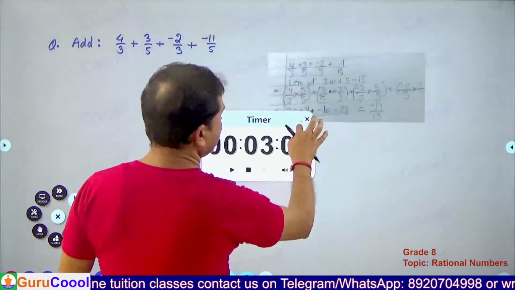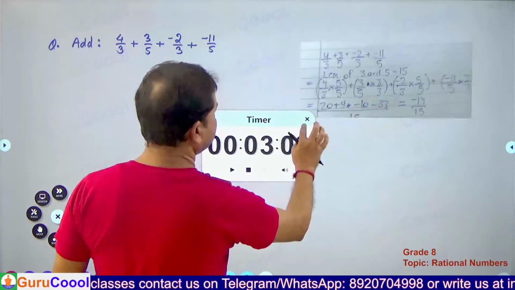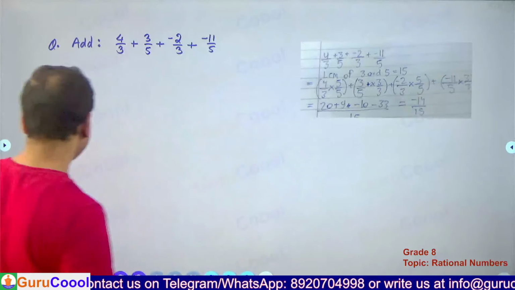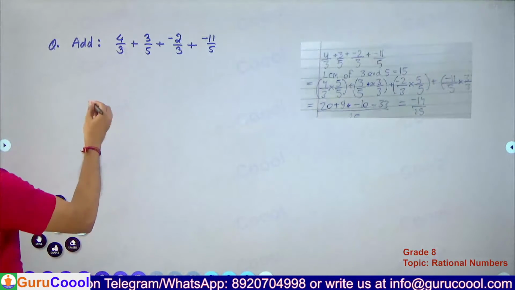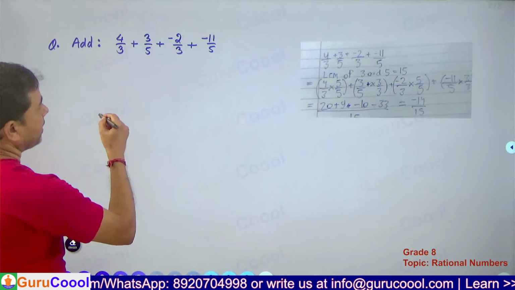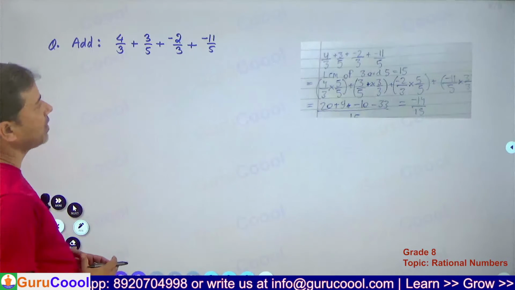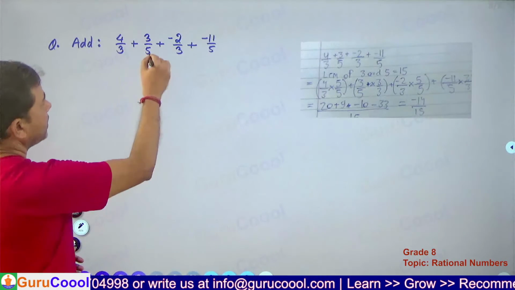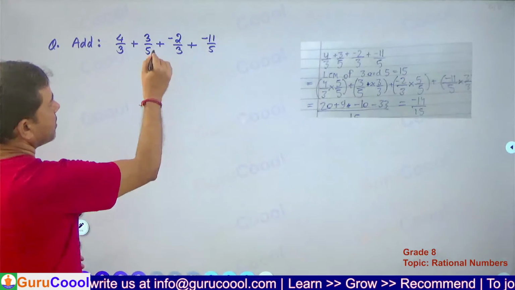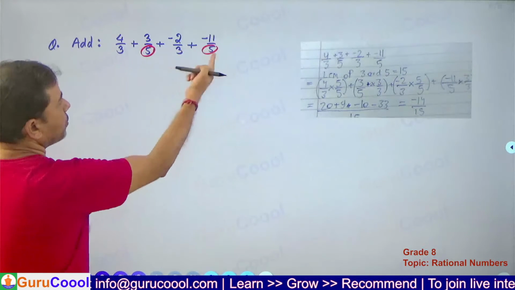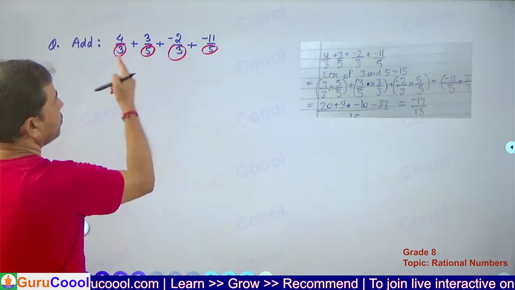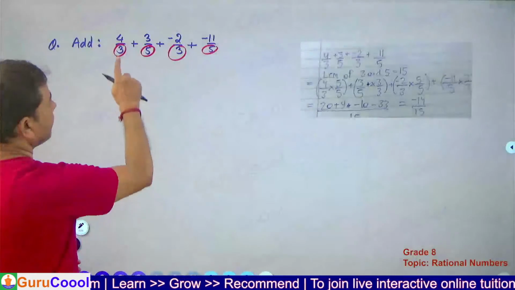Anurag, your last answer was incorrect. Now see here. What's the correct method? First of all, you will have to use the commutative property to rearrange the rational numbers with the same denominator. These two together and these two together.